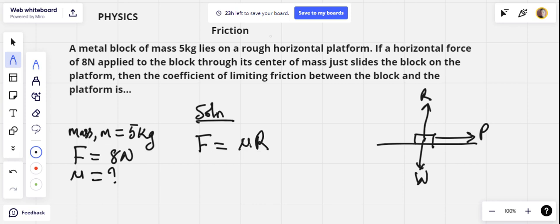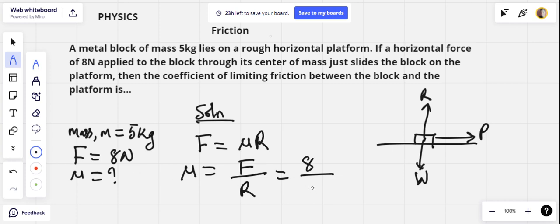So we have to find mu, the coefficient of friction. If we make mu the subject of the formula by dividing both sides by R, we have that mu equals limiting frictional force divided by normal reaction. We have been given the limiting frictional force to be 8 Newton. Normal reaction will be mass times gravitational acceleration.